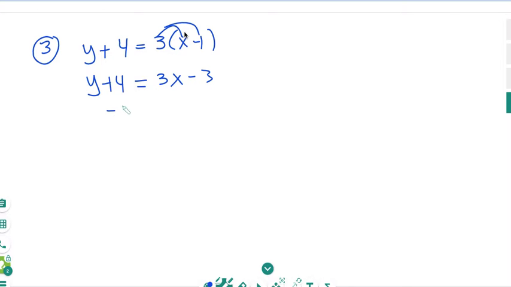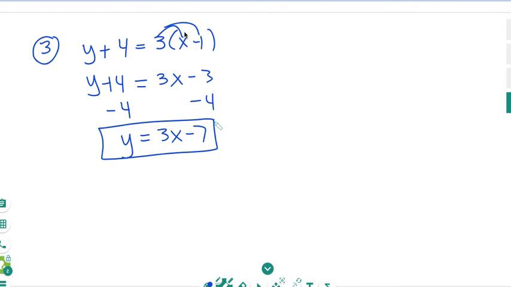Going to zero pair out the 4 because I need the y to be by itself to be slope-intercept form. So I'm going to have 3x minus 7. So this is the equation of the line in slope-intercept form, and we started in point-slope form.